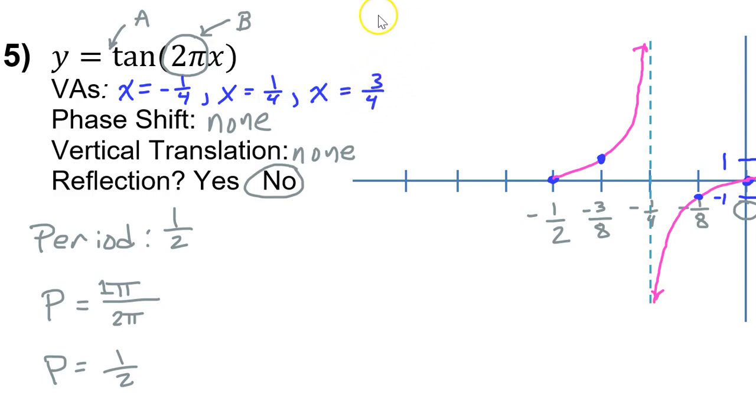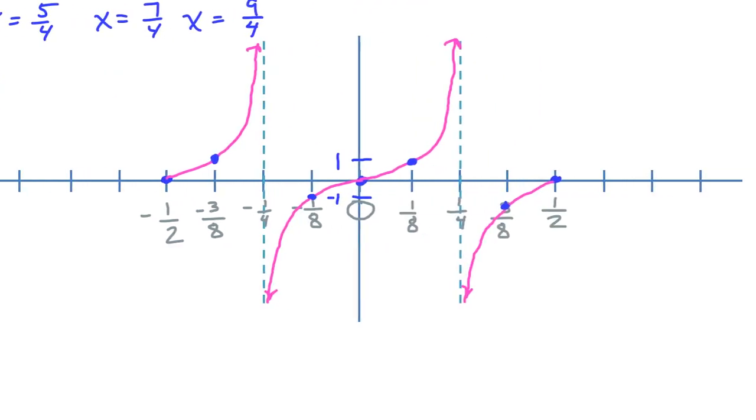Okay, now if I needed more, there would have been another one at 5/4, and another one at 7/4, and another one at 9/4. Okay, the vertical asymptotes always occur at odd multiples of, well, this is half of the period. Anyway, that's going to do it for problem number 5, which should look just like this.